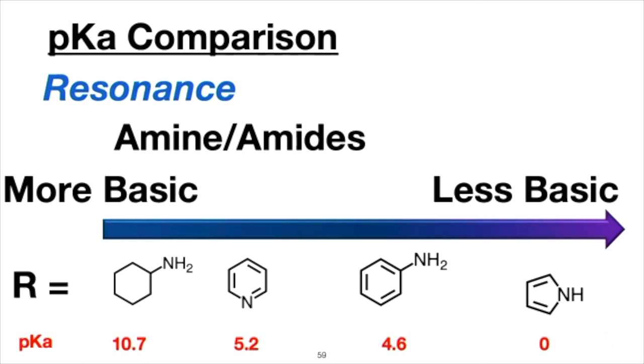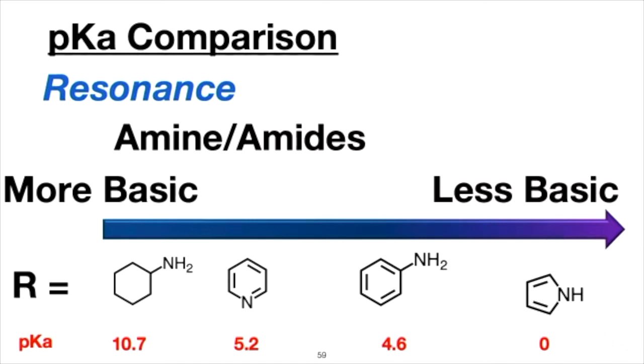Often we aren't talking about them as acids, we're talking about them as bases. And you can use a very similar set of logic rules to think about amine basicity as you would regular acidity of protons. Okay, it's a little easier with amines actually because they're already so basic.